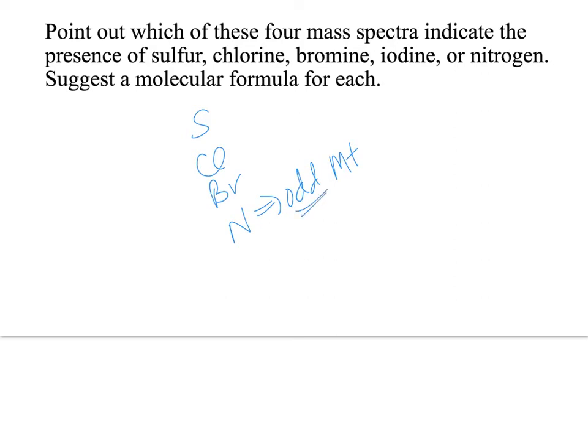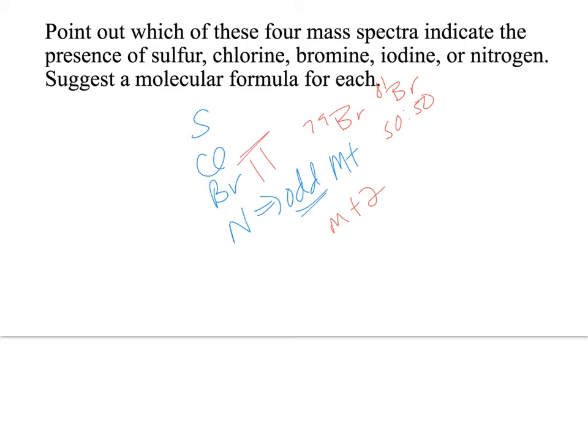Most of the time you have an even number, unless you have nitrogen and it becomes odd. Bromine, you've got bromine 79 and bromine 81, and they're 50 to 50% abundant, those isotopes. So with bromine, you're always going to have the M and the M plus 2, and that's going to be equal height.